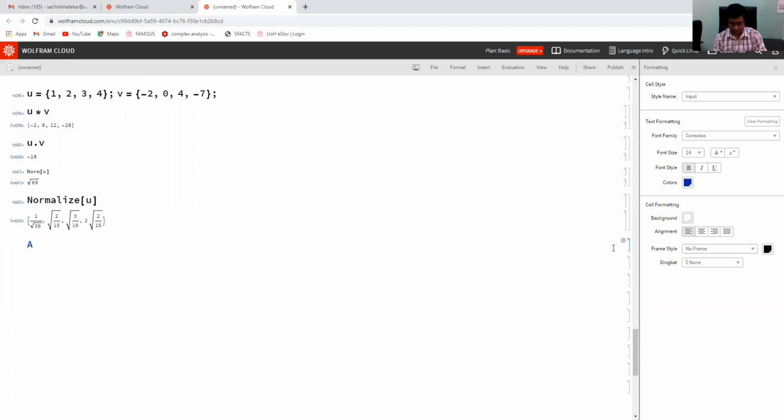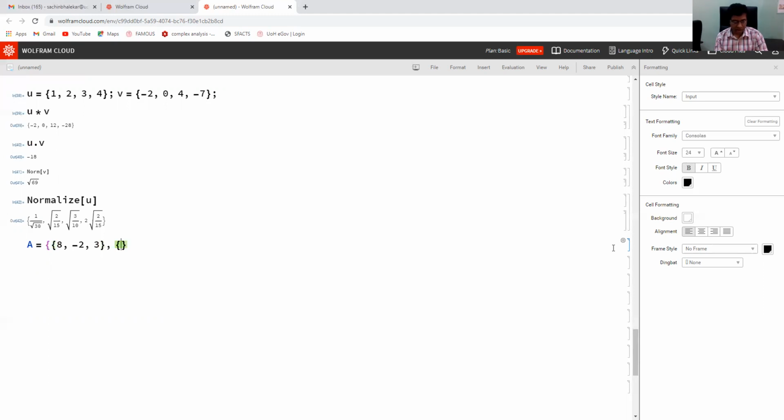A equal to. Now how to insert a matrix? Again, it is a two-dimensional list. In a list, elements should be lists. So in this list, the first element is a list whose entries are, say, 8, -2, 3. This is the first row.